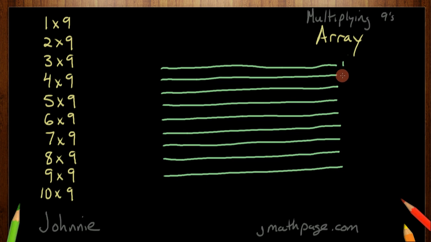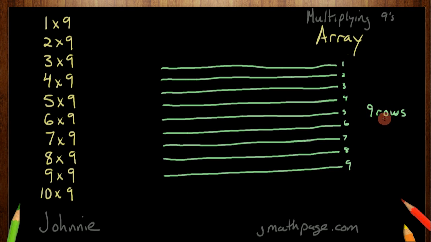Let's see, we have 1, 2, 3, 4, 5, 6, 7, 8, 9. You can always draw this for yourself if you need to. So I do have here 9 rows.